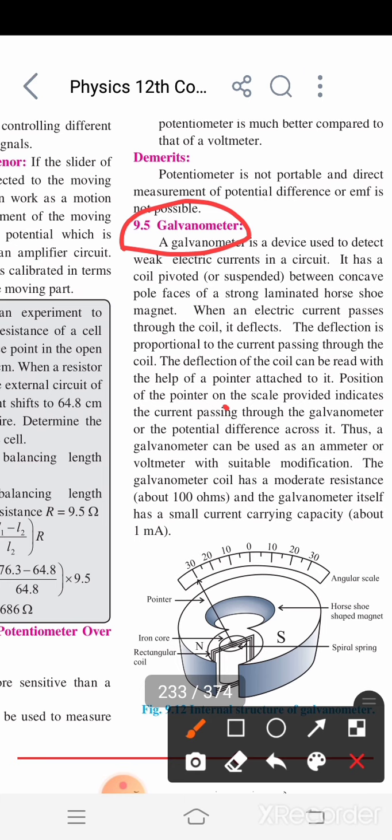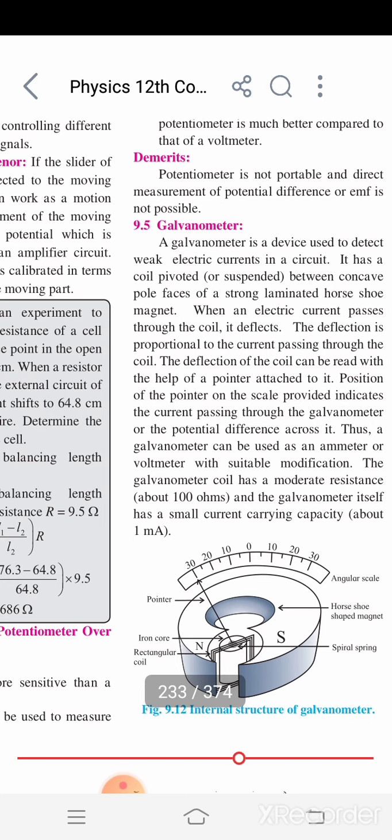It has a coil pivoted or suspended between the concave pole faces of a strong laminated horseshoe magnet. That is, a strong laminated horseshoe magnet has two pole faces, S pole and N pole, and between these two pole faces a coil is suspended.